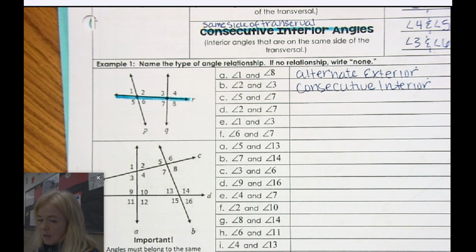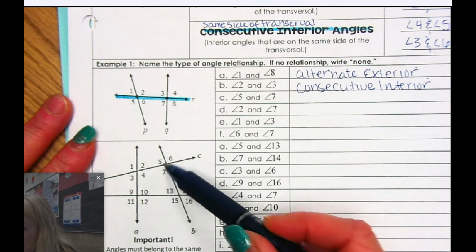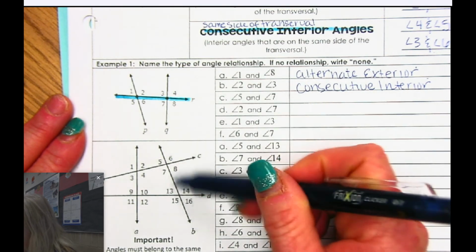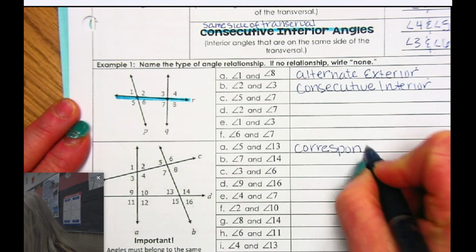So each of them can be a transversal, or they can be a parallel or a line pair. So that's a little more involved. If you look at 5 and 13, for instance, those both belong to this as a transversal. And then 5 and 13 are going to be corresponding angles.